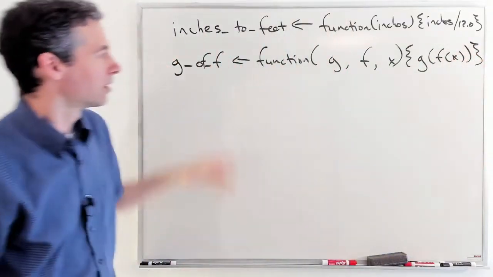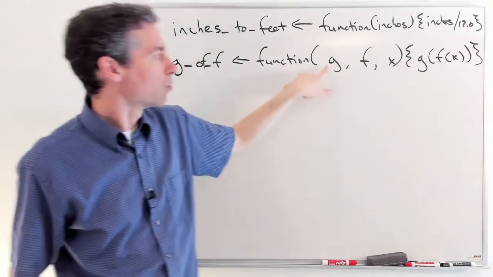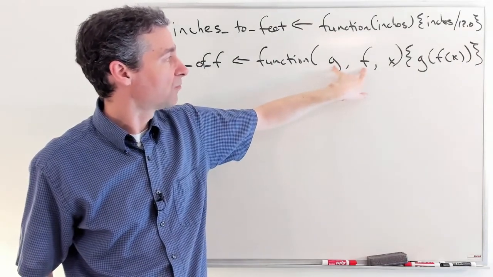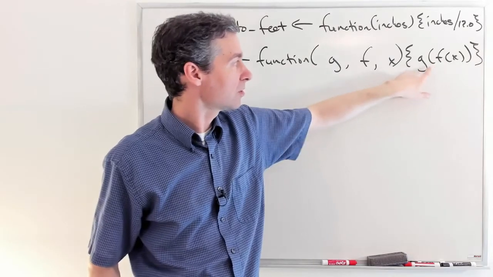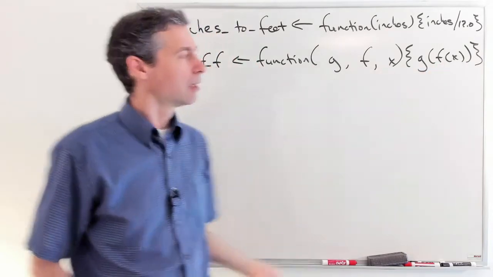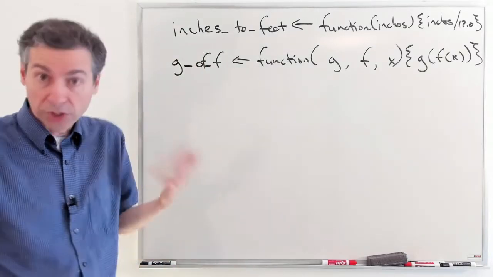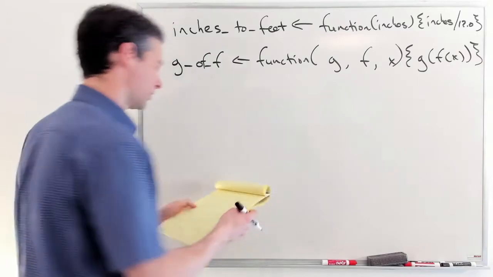So we're defining a function where we have g and f, which we're passing in. These are functions, because you can see we're going to call g and we're going to call f, and x is some data. So this is really interesting. Will this work in R? And the answer is yes, it does.